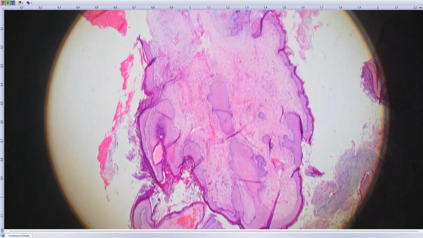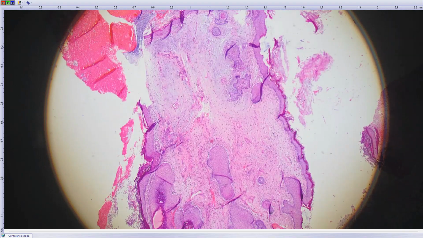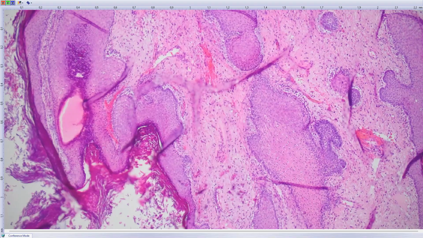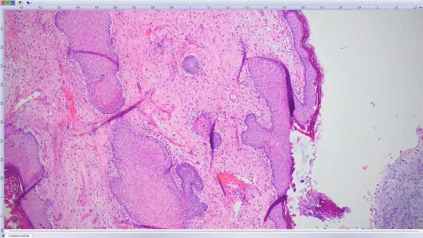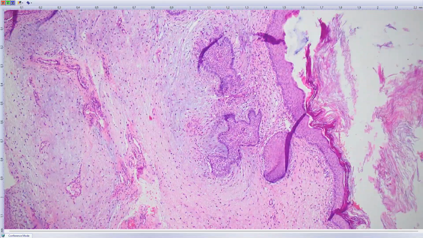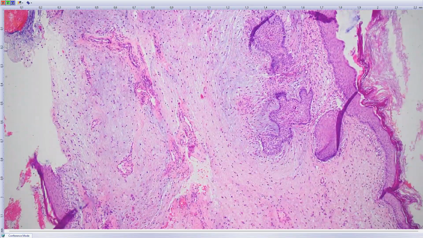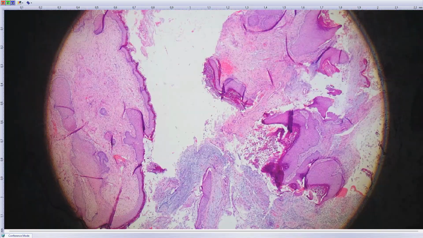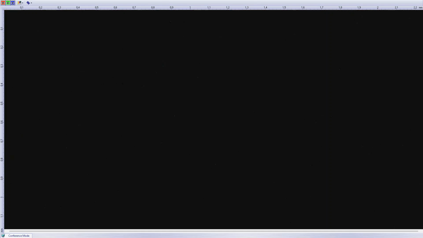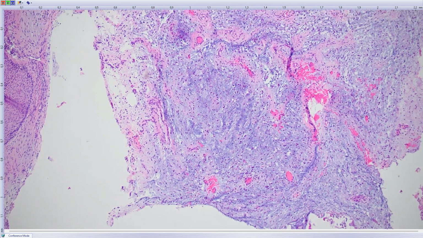And what you can see is this funny looking proliferation of adnexa, but what the real lesion is this myxoid thing here.